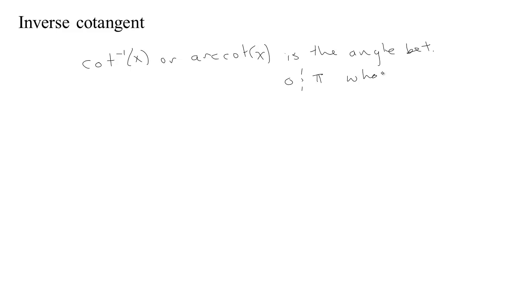So the cotangent inverse of x, or the arc cotangent of x, is the angle between 0 and pi whose cotangent is the given number.